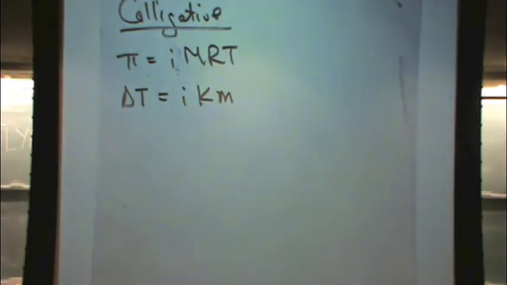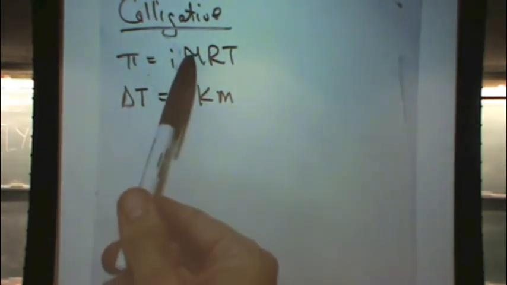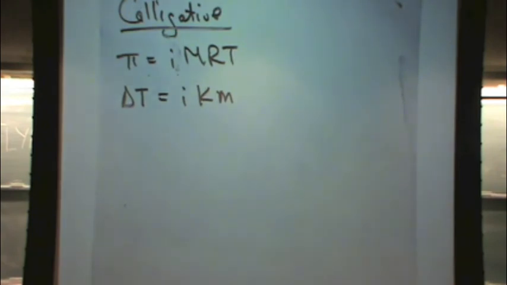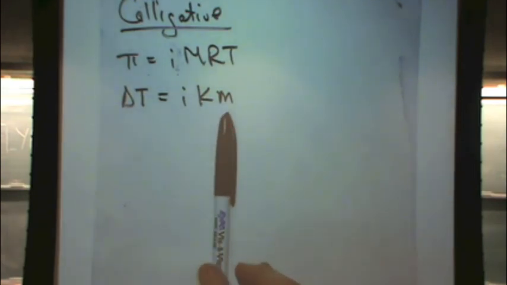In the first equation, this is a capital M, which is molarity. And this is lowercase m, molality, in the second equation. Which one of these did you want to know about, or both? We're getting both? Okay.